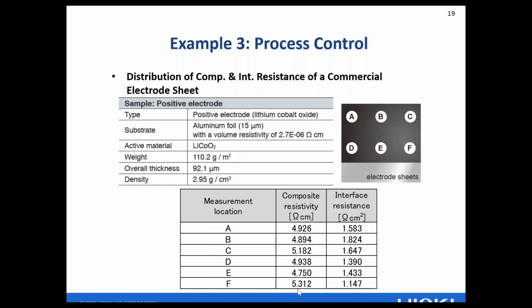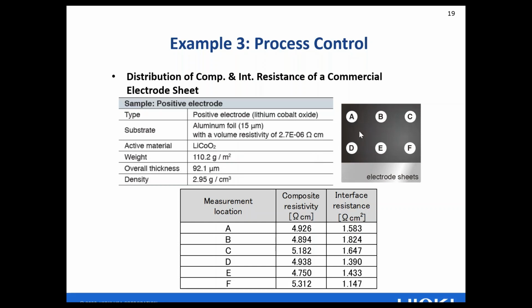Now, point F has the highest resistivity, and point B has the lowest resistivity for the composite resistivity. The interface resistivity, interestingly enough, is different, right? You have the highest resistivity at point B and the lowest resistivity at point F. So that gives you a tremendous amount of information over your process, how much your process spread is over a sheet or from one batch to the next.